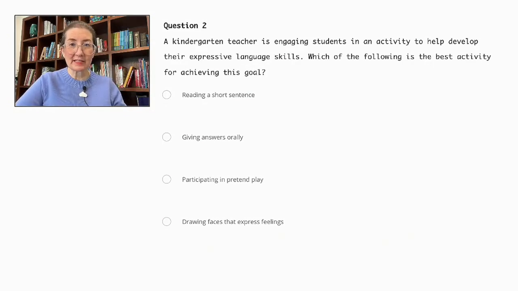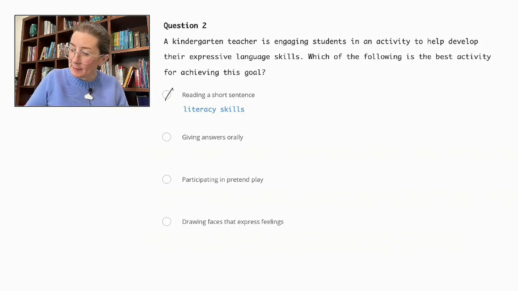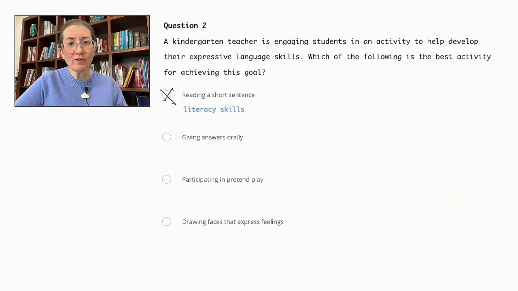When considering activities to help develop expressive language skills in kindergarten students, reading a short sentence is not the best choice because it primarily focuses on reading skills rather than expressive language. So let's eliminate that.